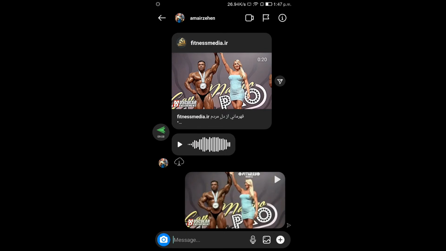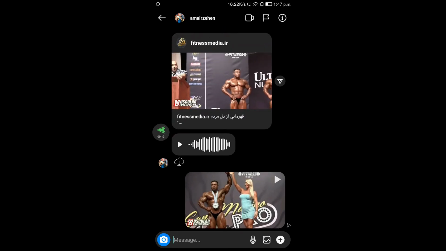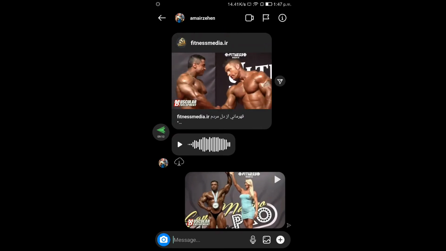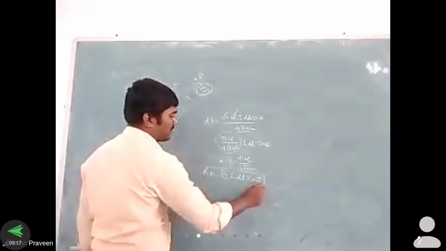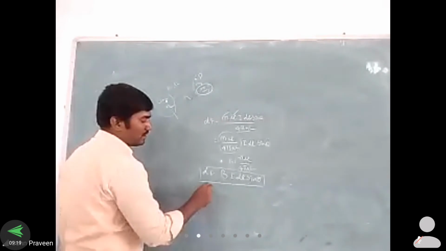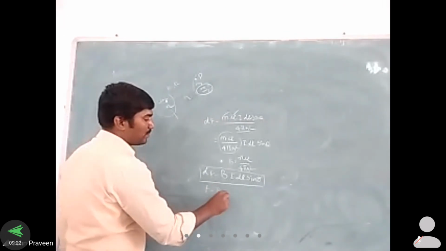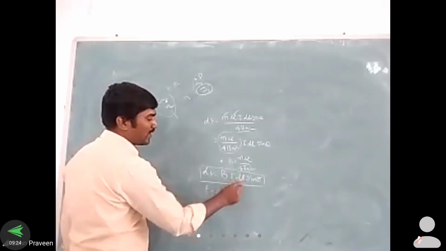So dF is equal to V I dl sin theta. This is for the small portion, but for the total portion F is equal to V I times the total length. This is a small length, L is the total length.